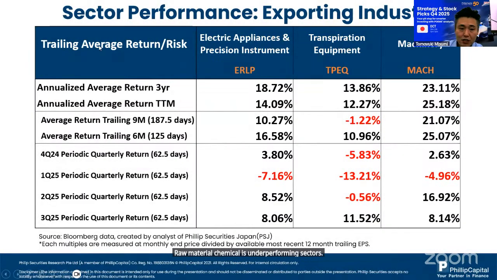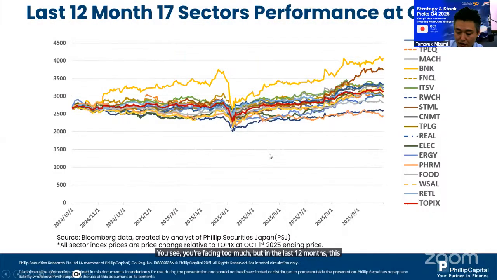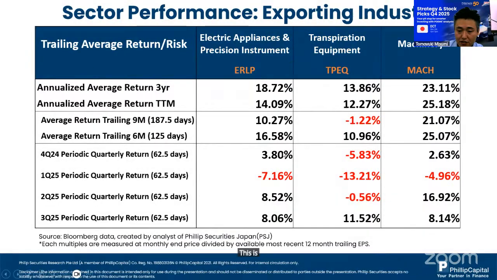Let's look at the performance of the exporting industries. Over three years, the annual average return is 80.70% in electric appliances and precision instruments, an inclusive index for the semiconductor industry. This appreciated too much, but in the last 12 months it has depreciated, which is a depressing trend.